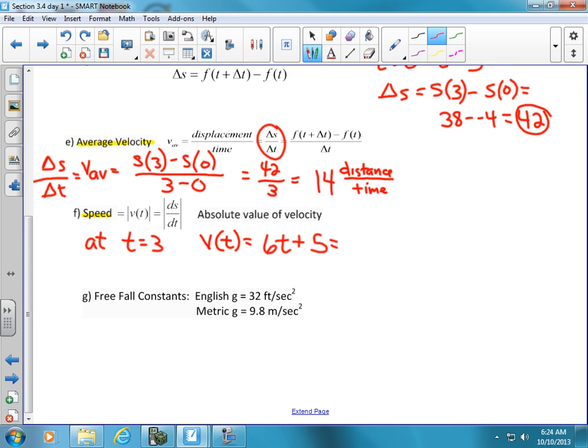So if we calculated that for 3, we'd get 18 plus 5, or 23. All right, and just so you know, these are your free fall constants. Often they're negative. You don't really have to memorize those, but you will see them sometimes in the book or in problems.